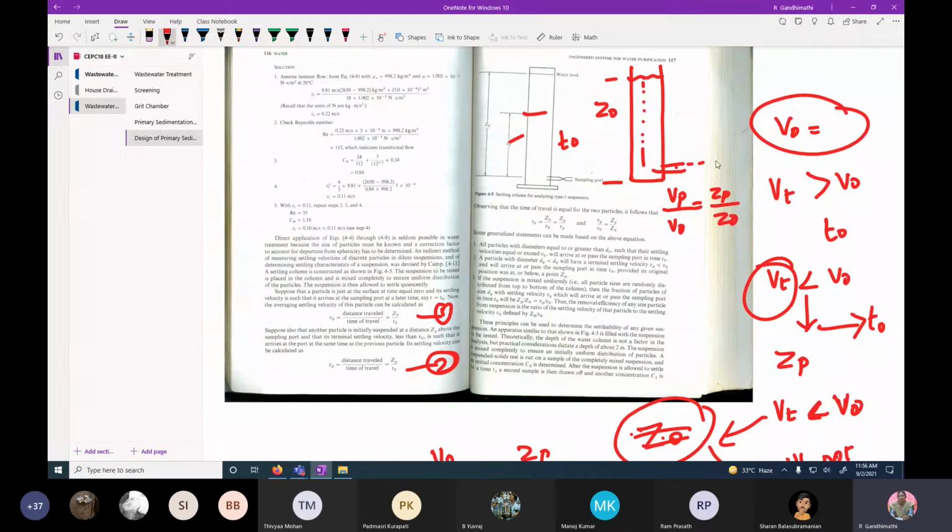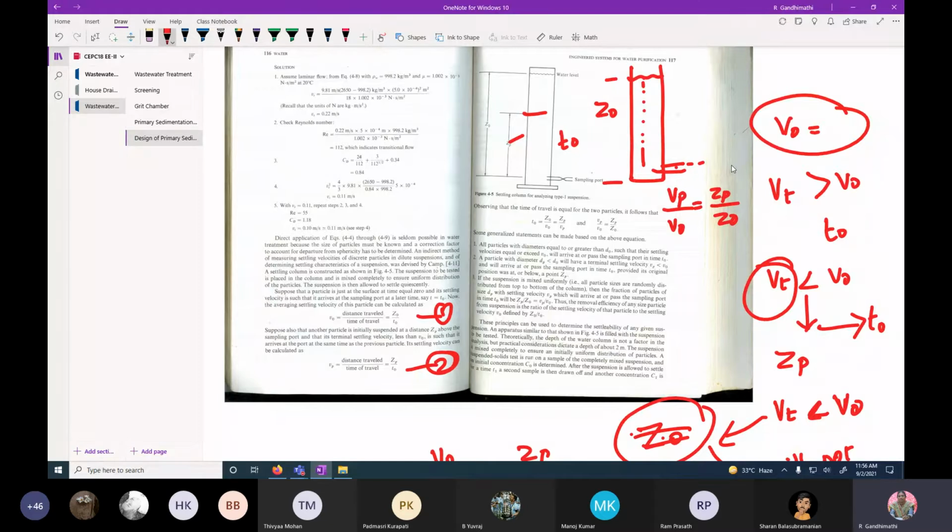That means it is reaching the settling zone. What they are saying is, if it is exactly equal to V0, or more than V0, it may be completely removed. That means the particle may pass the sampling port and reach the bottom.